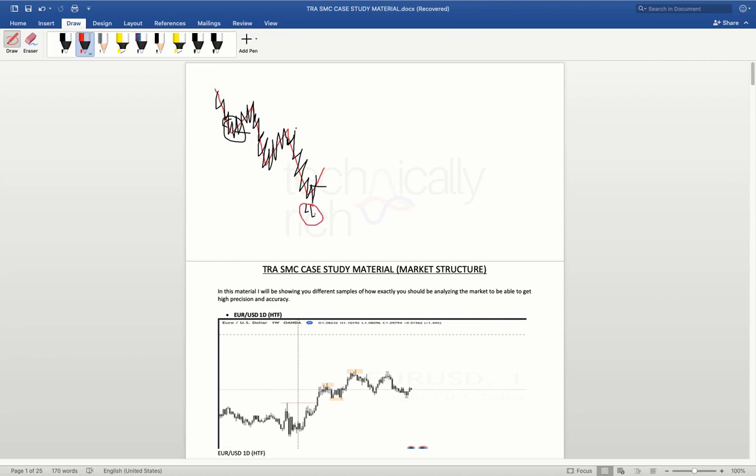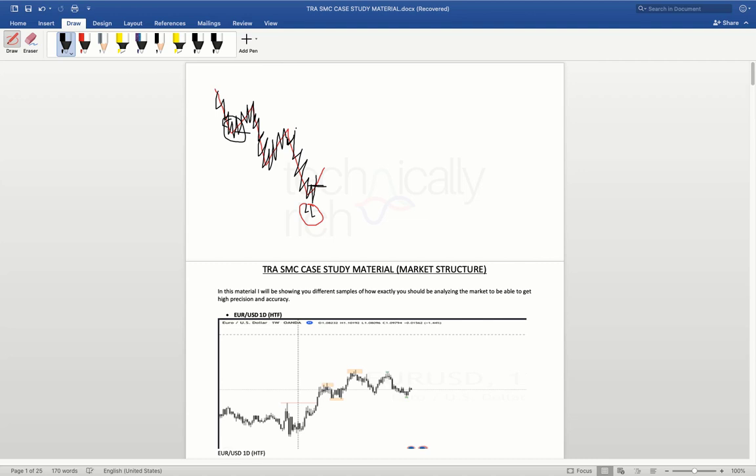On the intraday you are also in a lower low, but now you're seeing a break of structure, right?